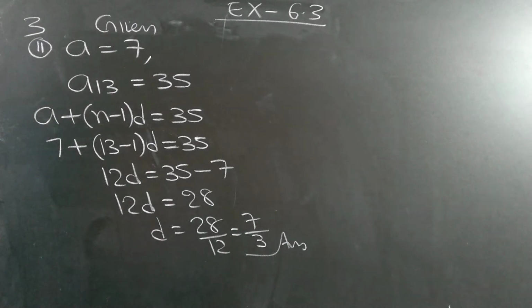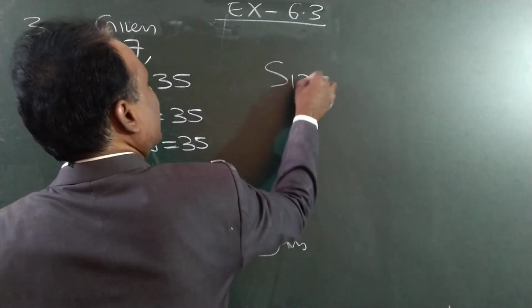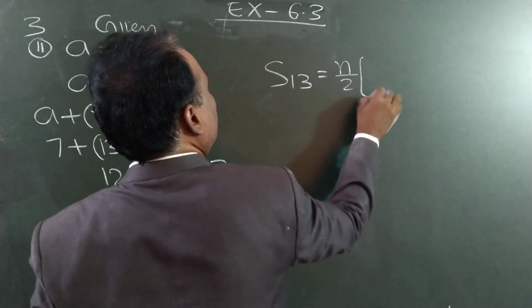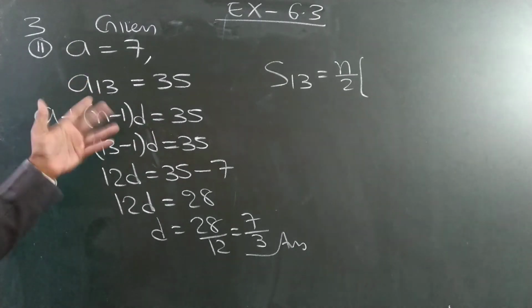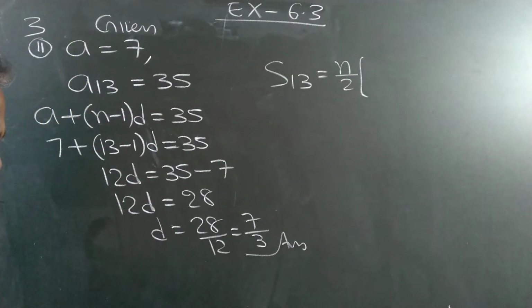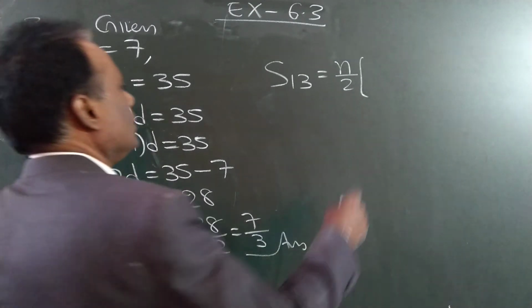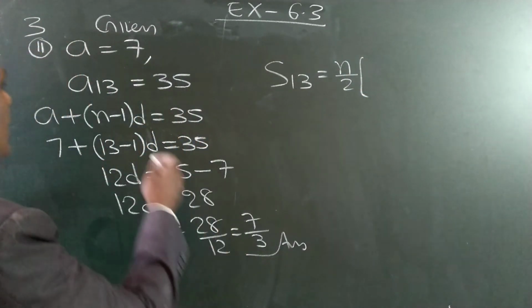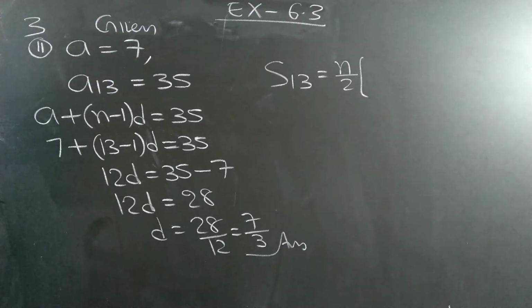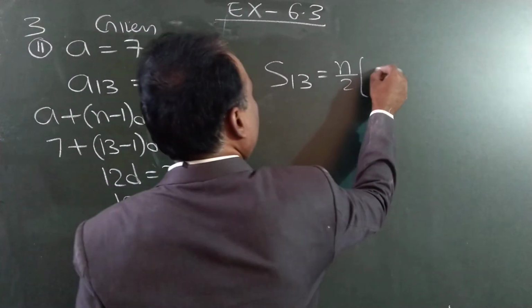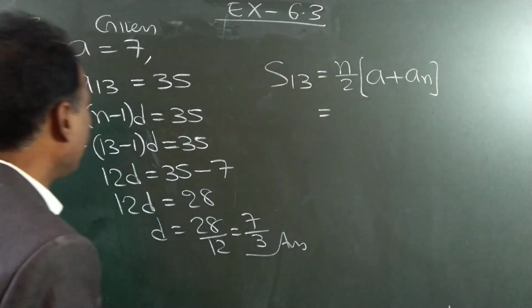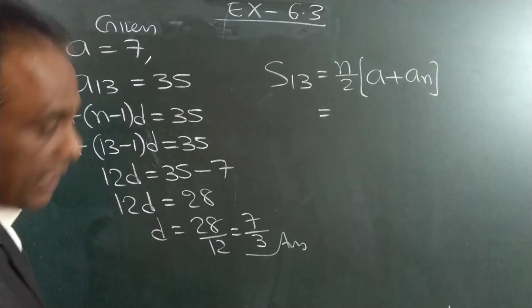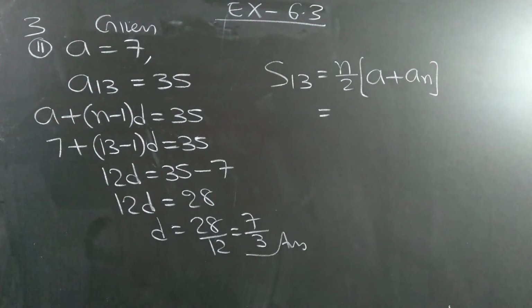Second question is find S13. S13 is equal to the formula for the sum of n terms, n by 2 into a plus an, first term plus last term. The last term is known, so we can use n by 2 into a plus an. n is 13.